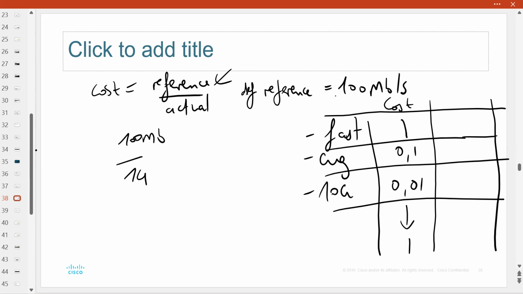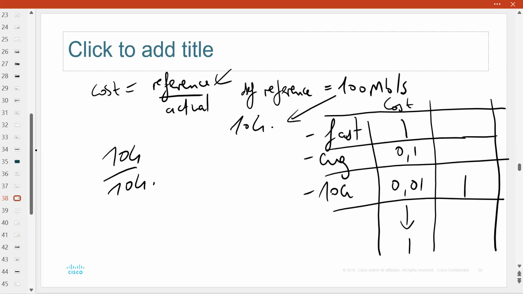So if we change it from 100 megabytes to 10 gigabytes, what will be the cost? Let's start with the 10 gigabytes one. It will be reference over the actual, which is 1. Then for Gigabit Ethernet, it will be reference over 1 gig, which is 10.